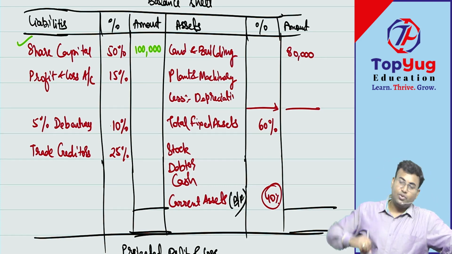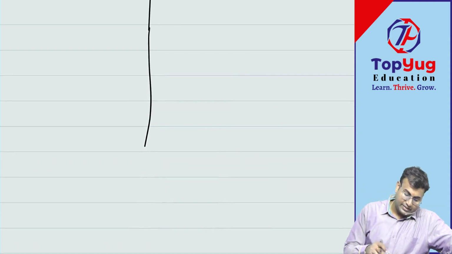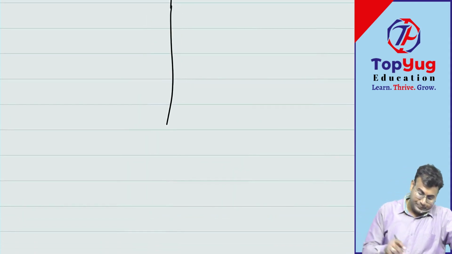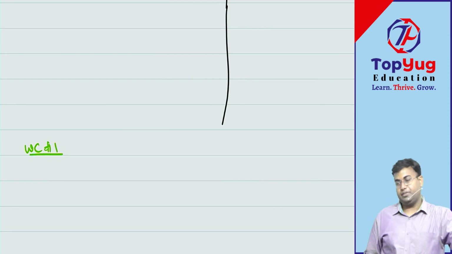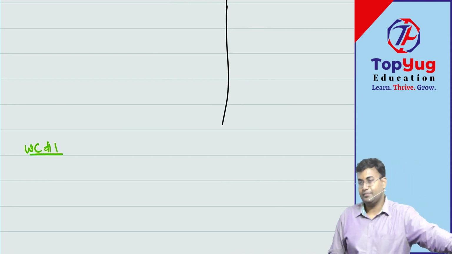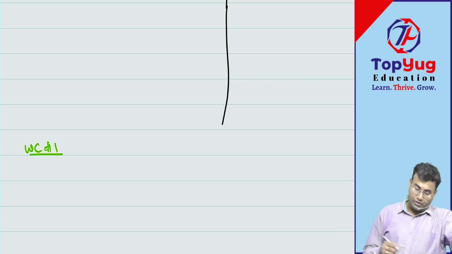Now, one thing we know, I can just put it as a working note. Let's see how many working notes will go. Working note number 1. That should be technically your third page. So what should the working note say?